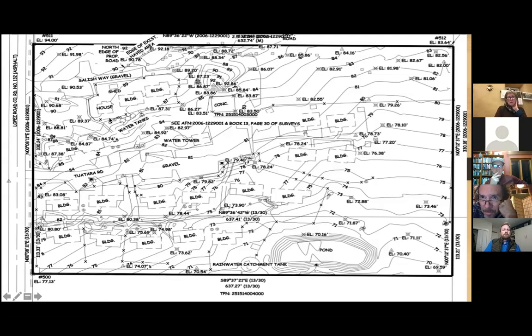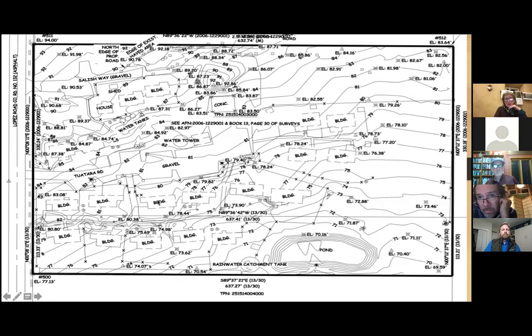When you do a property, the surveyors are going to go out and do their elevations and put some hubs in. You can see where they've got some hubs along the way, and those are elevations, and then they start to carry them out.